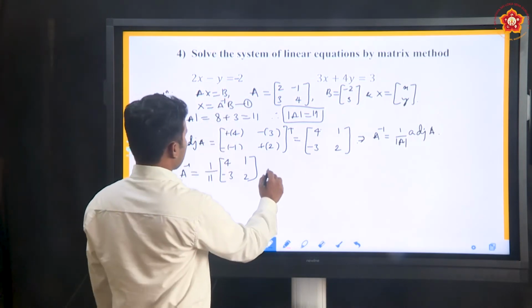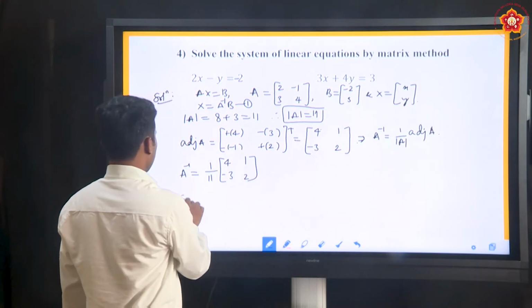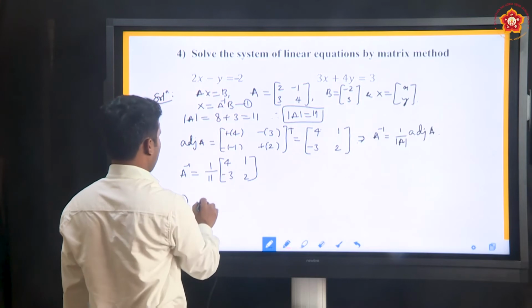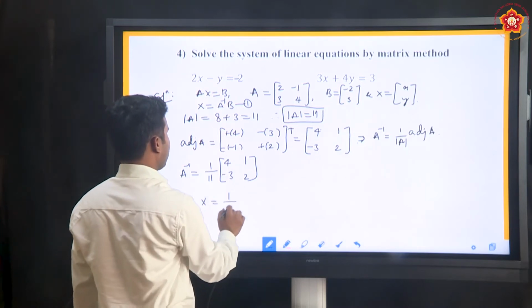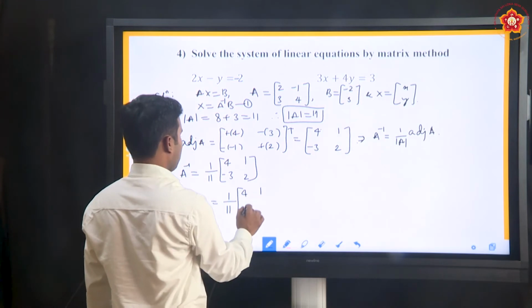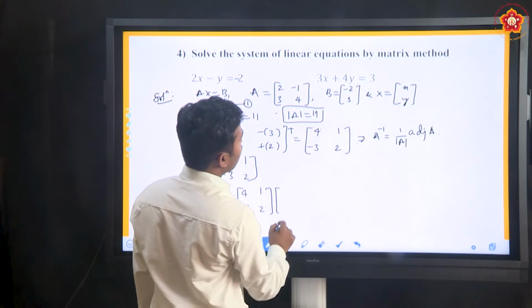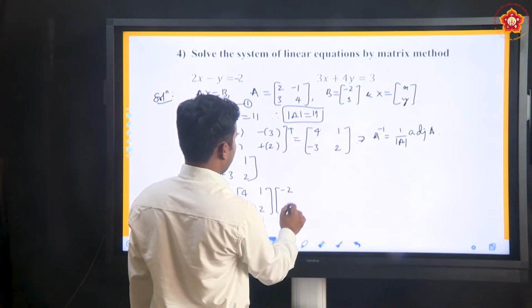Okay. So, now what about equation 1? X is equal to A inverse into B. What is A inverse? 1 by 11 into 4, 1, minus 3, 2, into B, which is minus 2, 3.